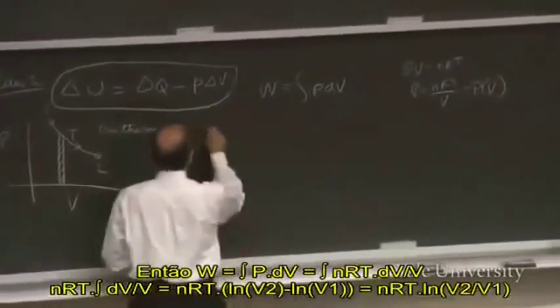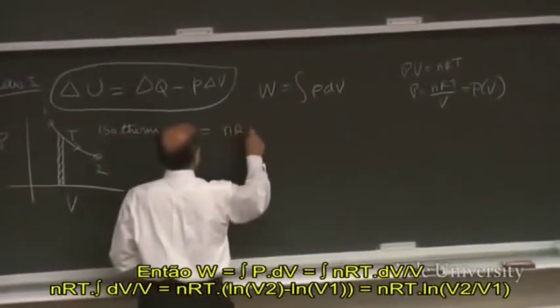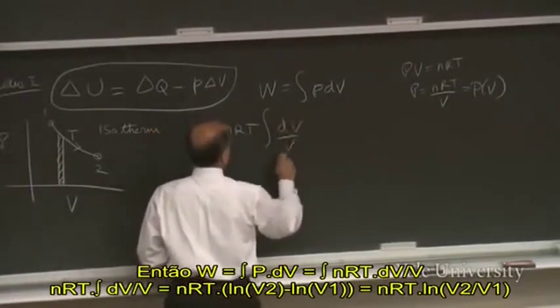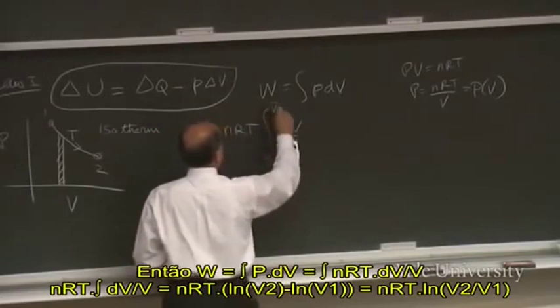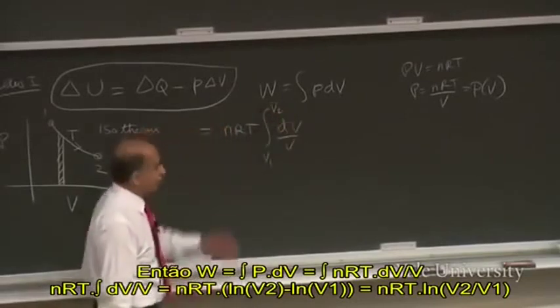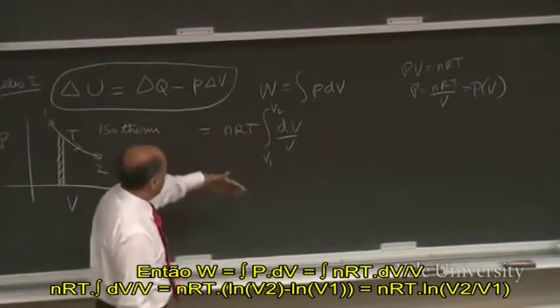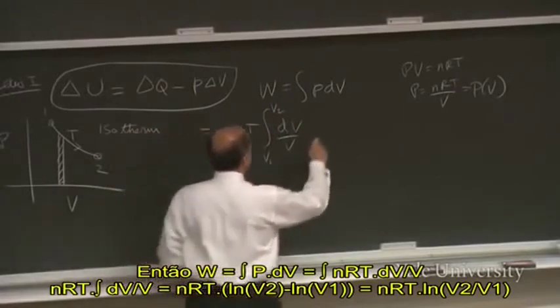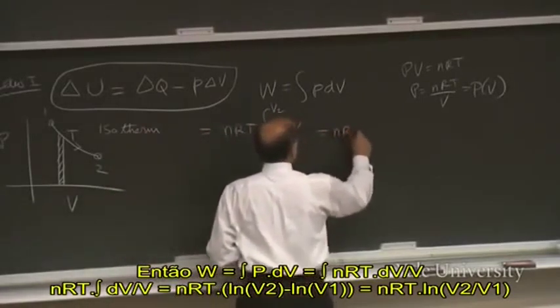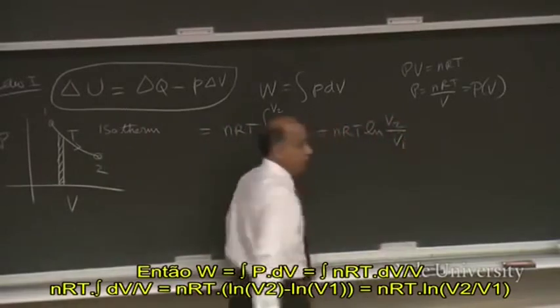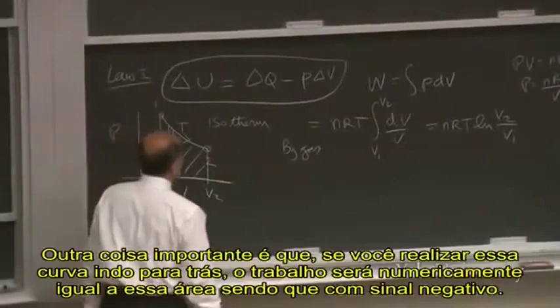And if you did that, nRT, all of them are constants, they come out of the integral, dV over V, and I integrate from the initial volume to the final volume. And you guys know this is a logarithm. And the log of upper minus log of lower is the log of the ratio. And this gives me nRT log V2 over V1.